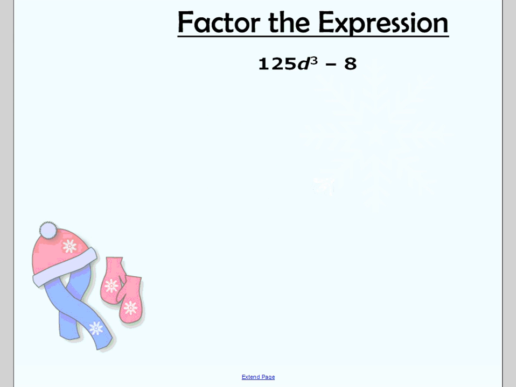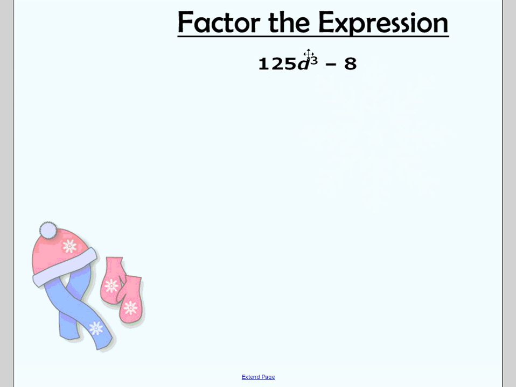So we're going to go through another example. Looking for a GCF. Nope, don't have anything that goes into all of these evenly. So now my next step is to rewrite each of these as something cubed plus or minus something cubed. So the first one, 125 is a cube. D to the third is a cube.